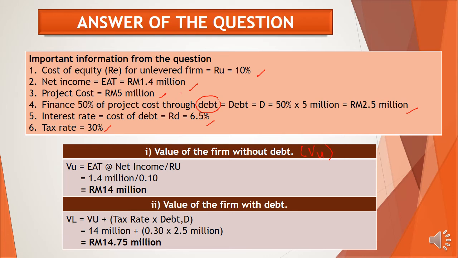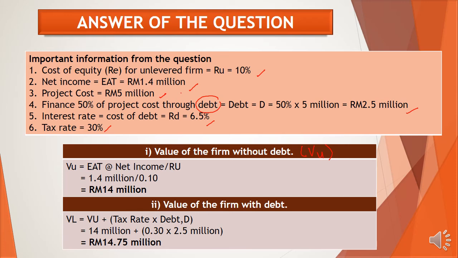How you determine which formula should be used is based on the information given in the question. If the question gives information regarding EBIT, you will use the EBIT formula. But if the information given is net income or EAT, you will use the EAT formula.